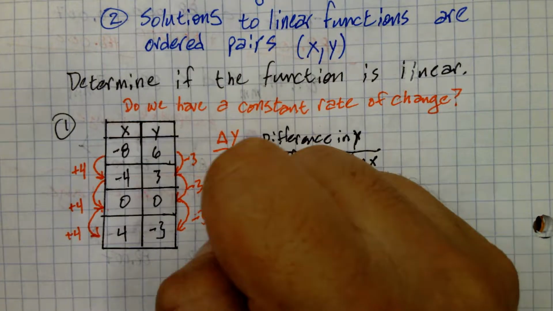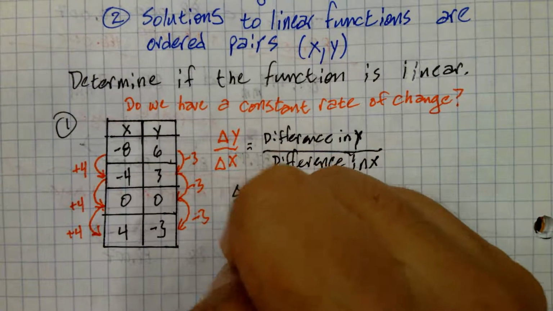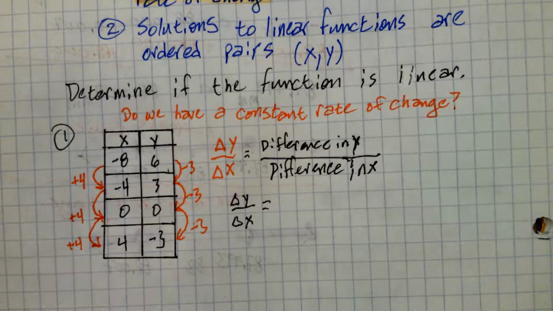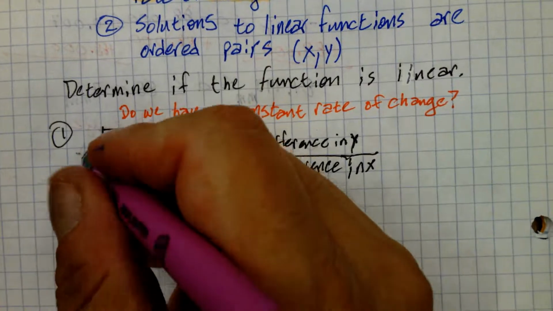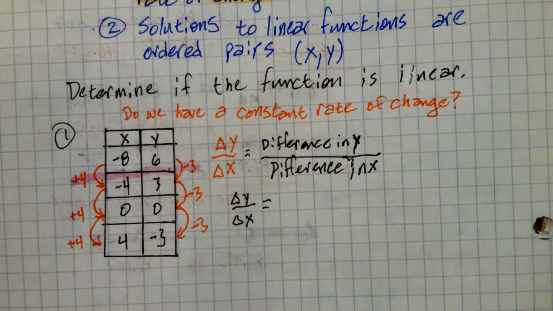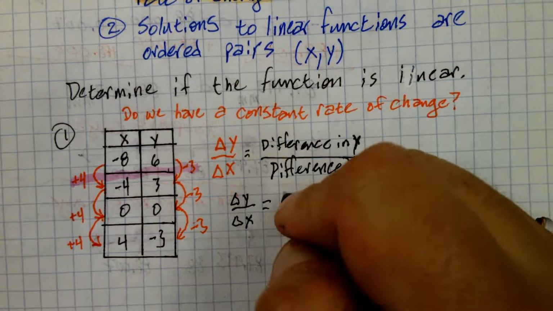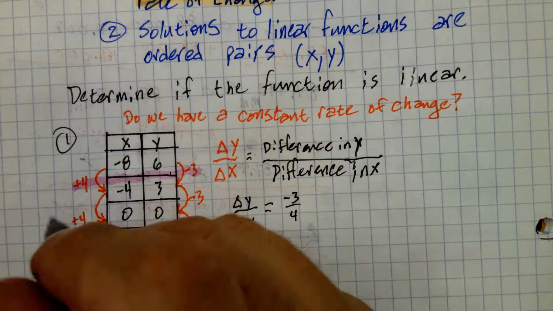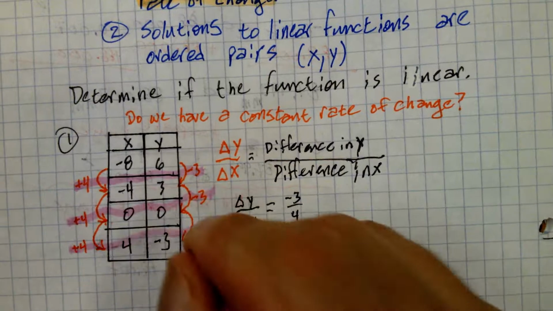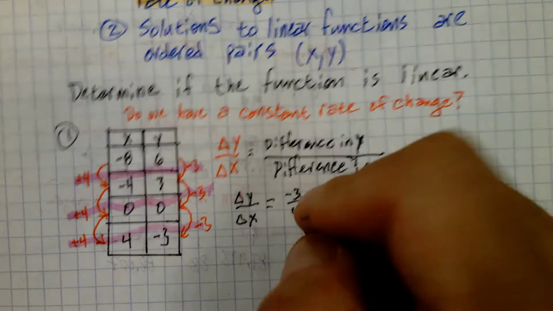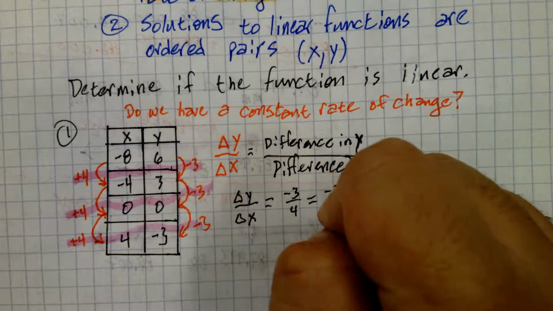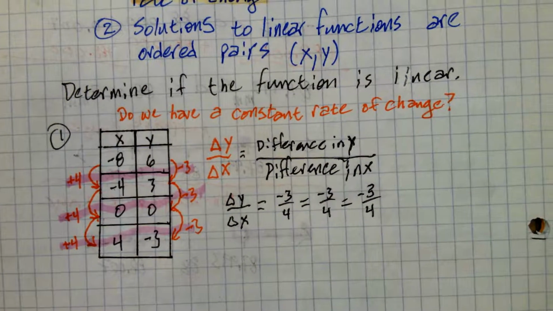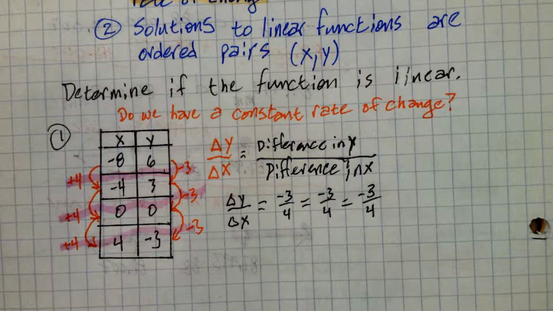Let's see what our change in y over change in x is. Change in the y values over change in x values. So if we look at the first pair, it's -3 over 4. If we look at the next pair and the next one, all of them are constant. So what conclusion does that give us, if this is linear or not?